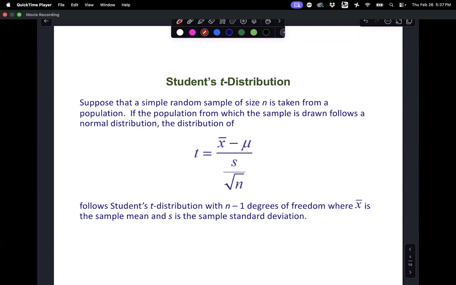So to find a t value, it's kind of like a z-score. So we're finding a t-score.